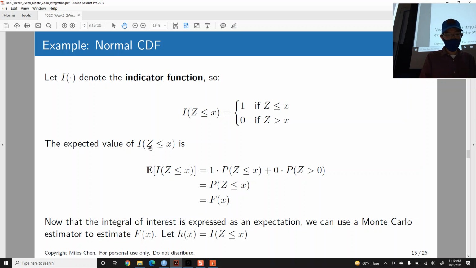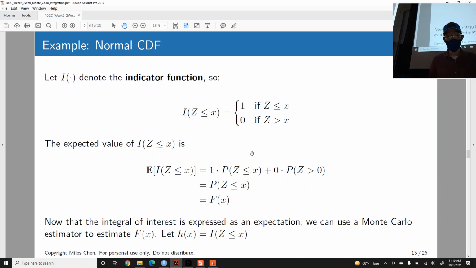And what is the expected value? The expected value of this indicator function is going to be equal to 1 times the probability of z being less than or equal to x plus 0 times the probability of z being greater than x, right?